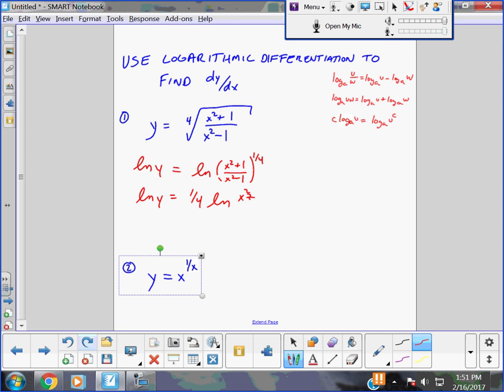Because right now, it's x squared plus 1 over x squared minus 1. So now you're going to subtract. I'm going to make this quotient into a difference. So I get ln y equals, now be careful, 1/4.